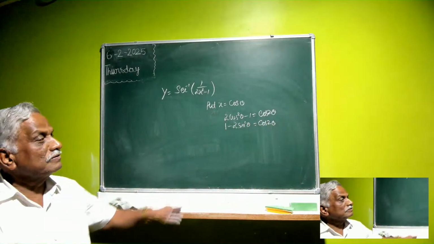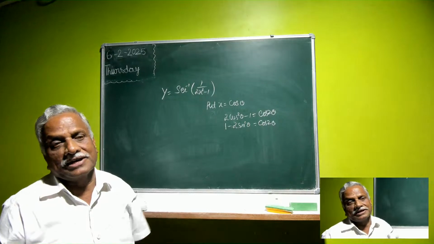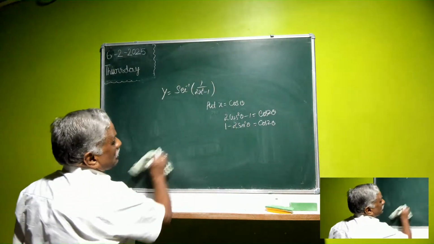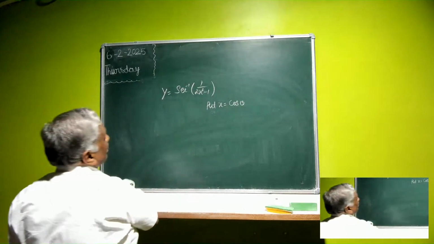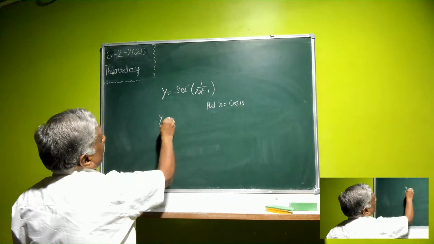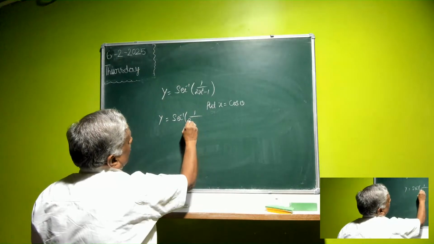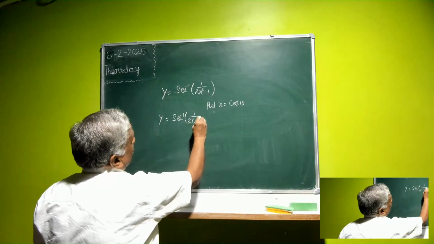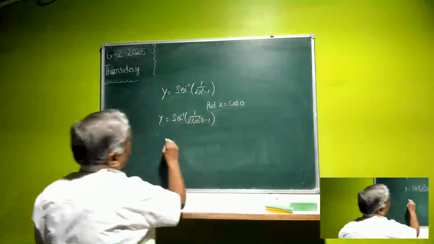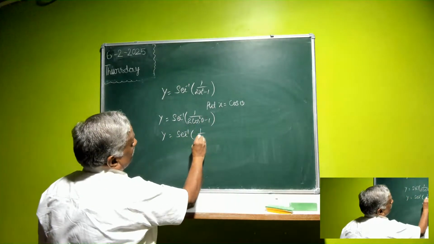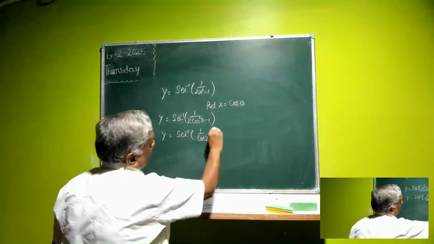We got one problem in 1 minus 2x square, we use sin theta. This is 2x square minus 1. So put x is equal to cos theta. So what do you get? y is equal to secant inverse of 1 over 2 cos square theta minus 1. That is secant inverse of 1 over cos 2 theta.